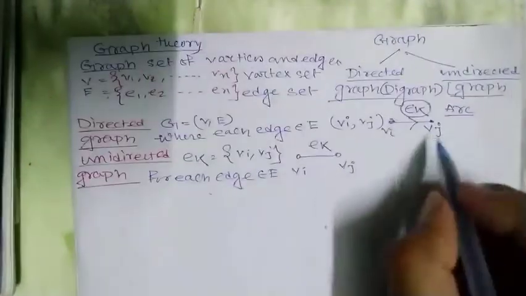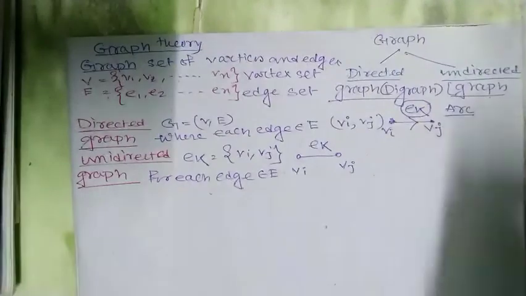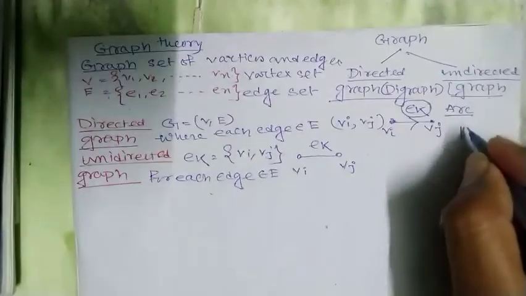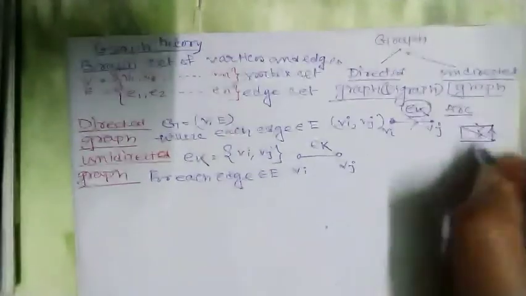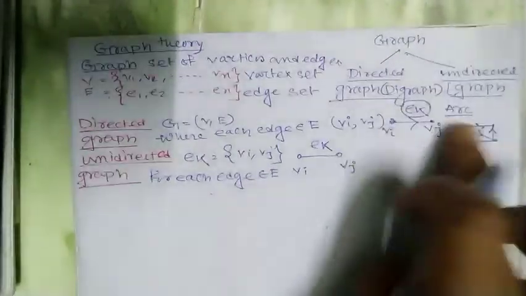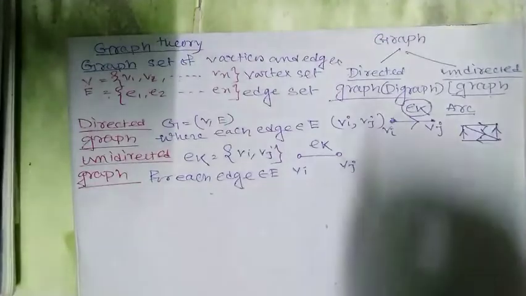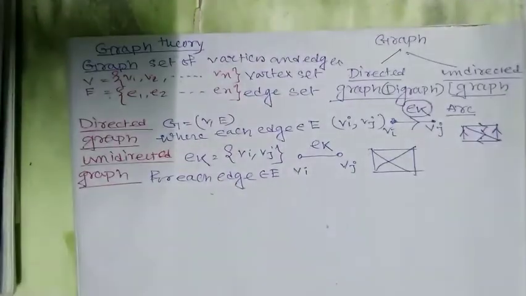Now let's see some examples. This is one directed graph: each edge has its direction. And what is an undirected graph? Just vertices and edges, no directions.